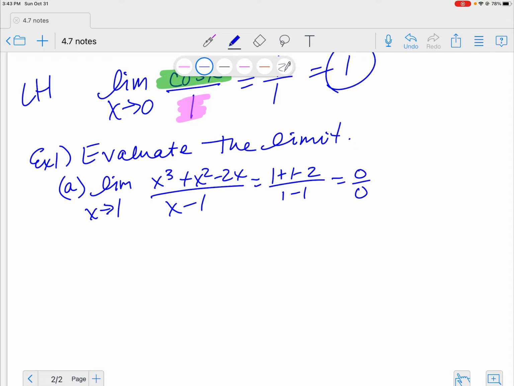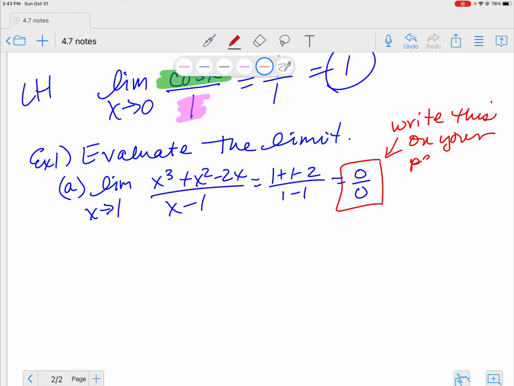We are learning L'Hopital. So you need to be writing your indeterminate form on your paper. Write this on your paper. Because this is an indeterminate form of 0 over 0, we are now going to write LH in front.